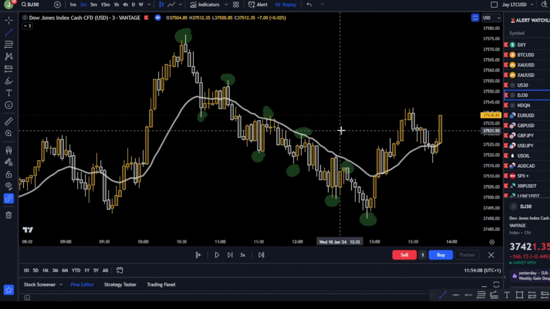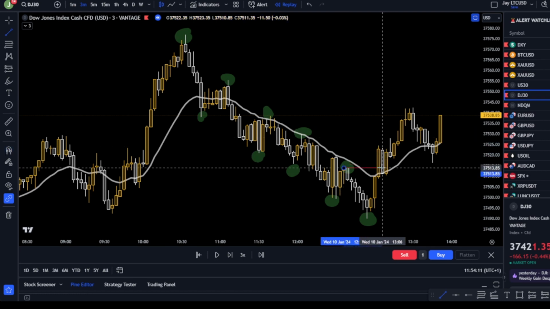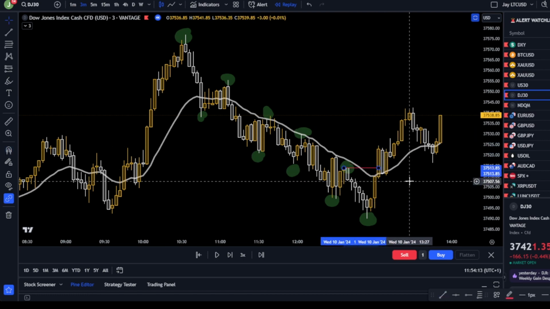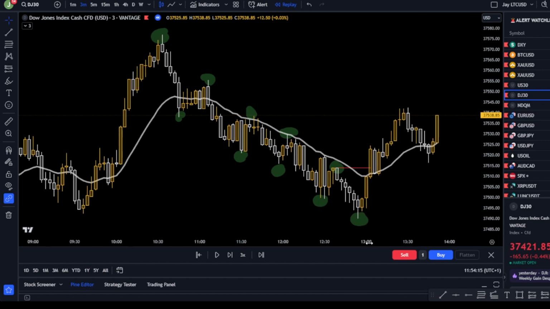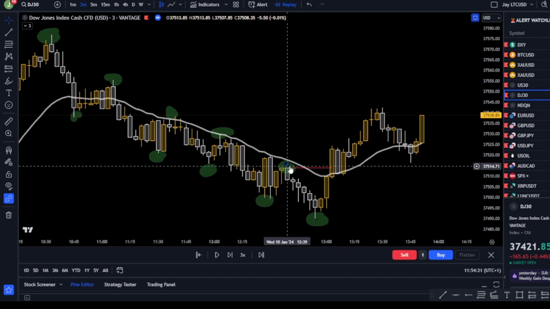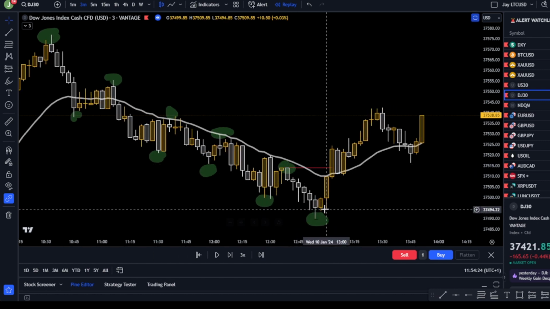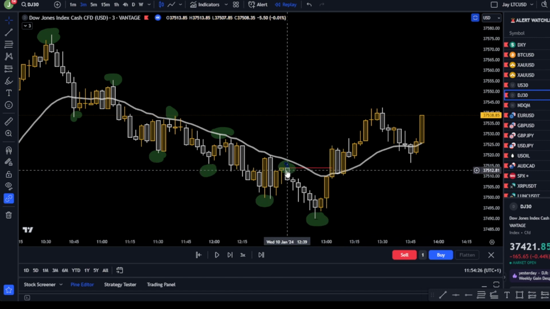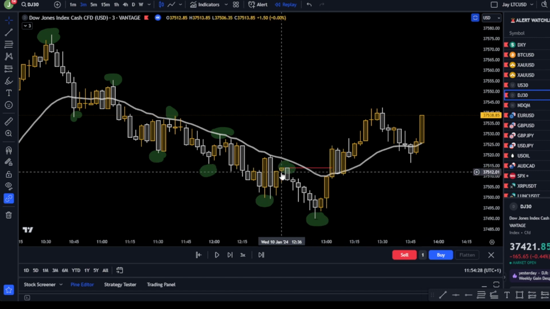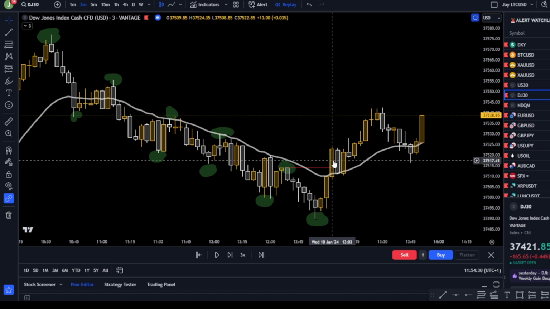Market has a change in character, or a market structure shift. Same thing, different names. Why is that? It's because this high here gets taken from this low with this push, and the structure has shifted. Market structure shift. So now we have a higher high.